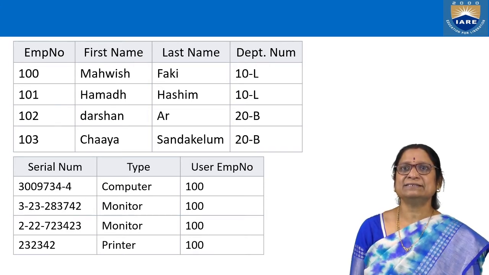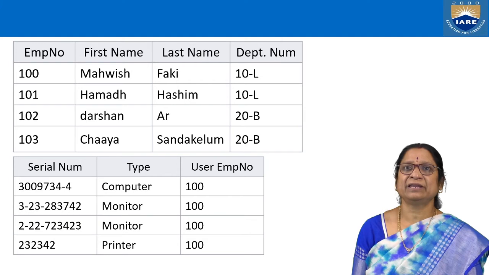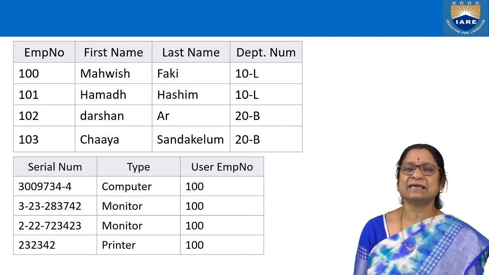Let us assume that each employee may be using various kinds of equipment: computers, monitors, printers, etc. You observe the second table, the equipment table. You observe serial number, type, username. All the user employee numbers are 100, 100, 100 only. That means all these items are used by employee 100.